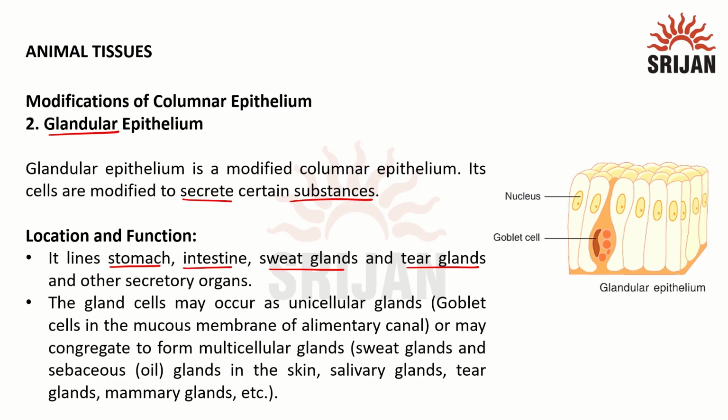They occur either in a unicellular manner or they can also be multicellular glands. Unicellular gland example is the goblet cell, which secretes mucus in our stomach or the alimentary canal. If we take multicellular gland, it will be a complex structure like sweat gland or oil gland, that is the sebaceous gland, our salivary gland which secretes saliva, tear gland, mammary gland which secretes the milk.